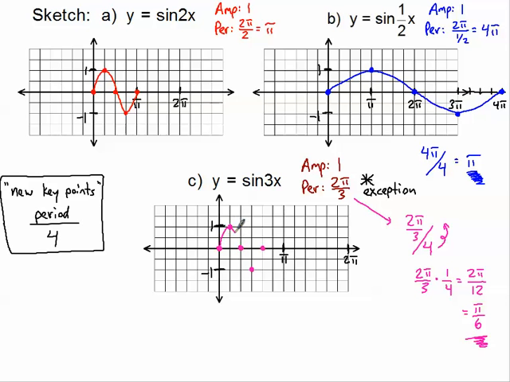That is now my sine curve. And if you notice, I didn't quite even get to 1 pi. I knew that because my period is 2 pi over 3, 2/3. I went 1/3 and then 2/3, and I stopped shy of my 3/3. So my period still is 2 pi over 3.